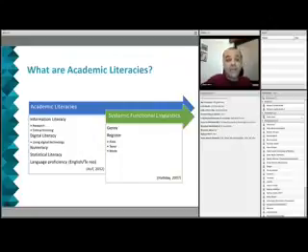Thank you very much for that. And perhaps I will need to rethink how we include New Zealand Sign Language in the development of academic literacies in the language proficiency sphere. So thank you very much, Don. That's a really, really good comment.